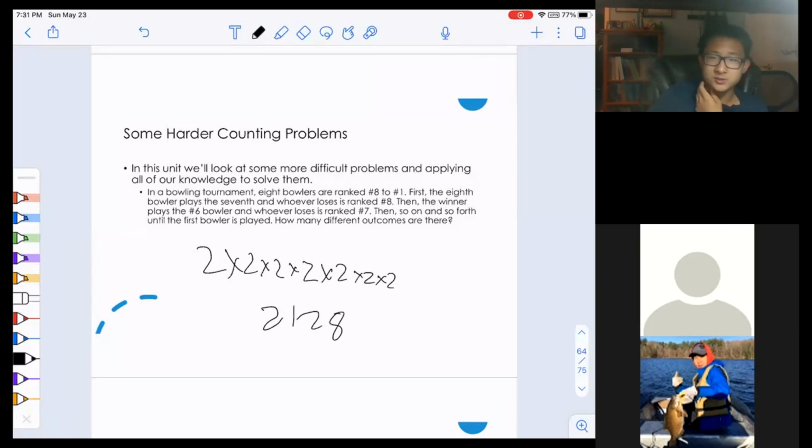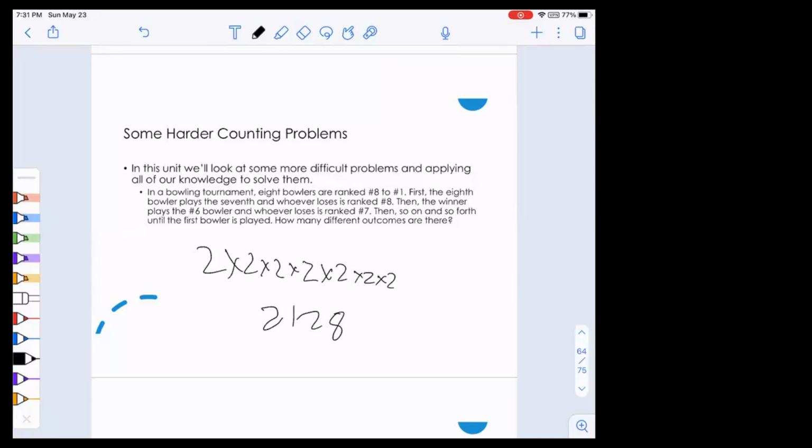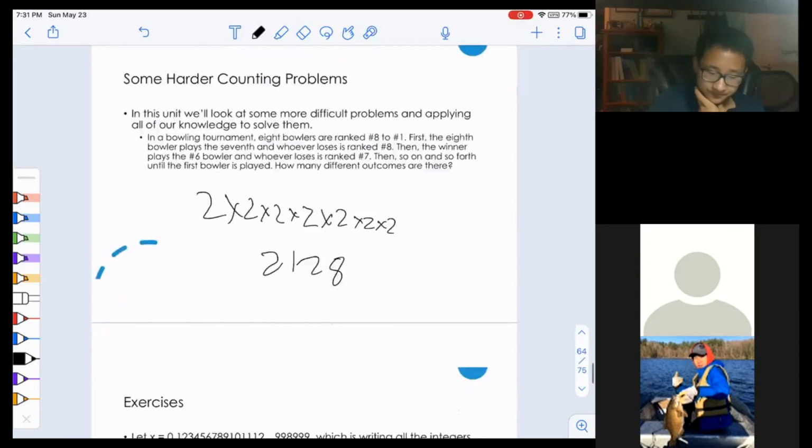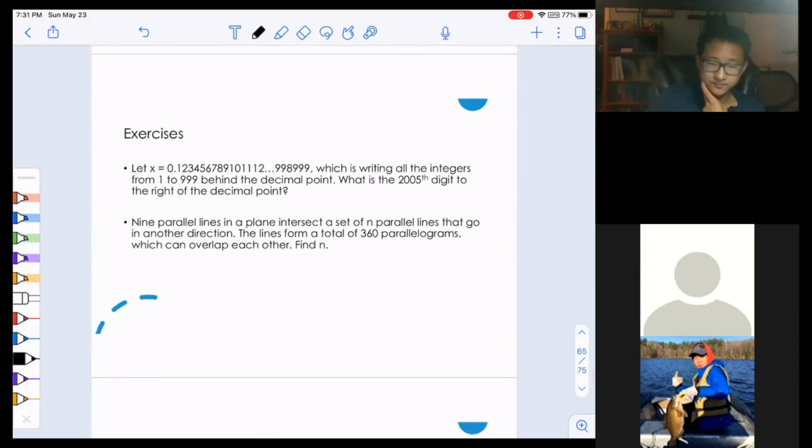So a lot of these you need to apply critical thinking and find an easy way to solve these. So I have some more problems for you guys. I'll let you take some time to do this.